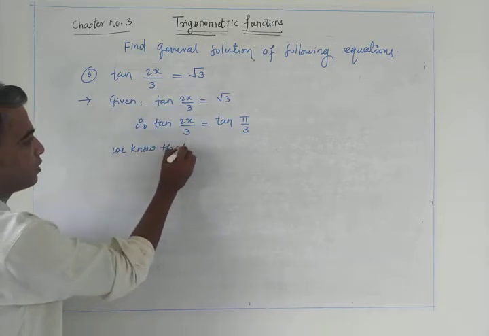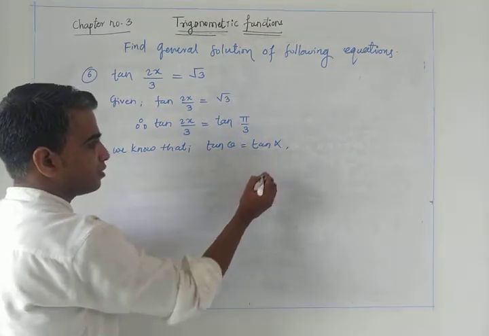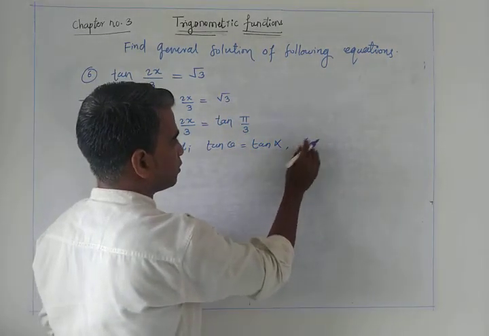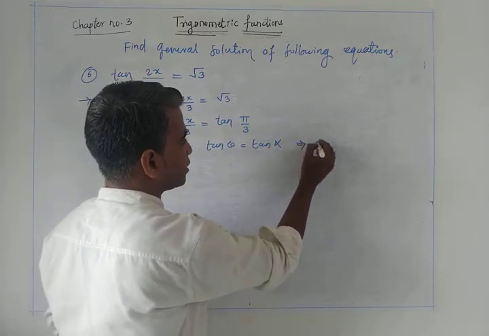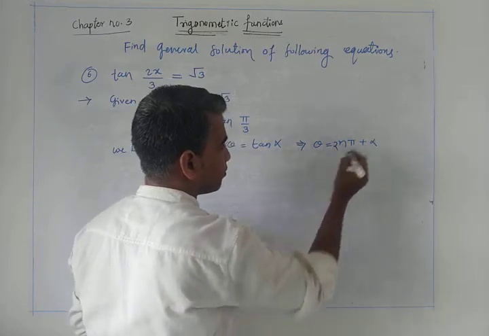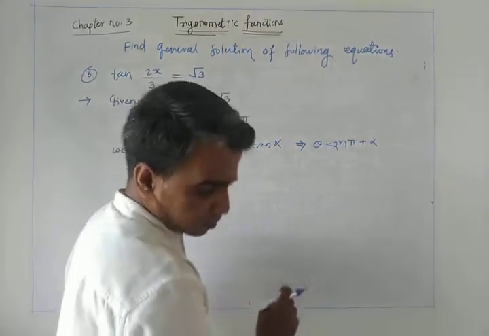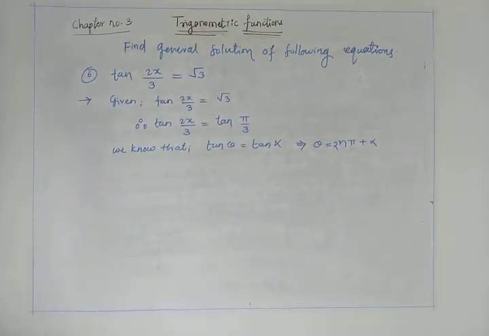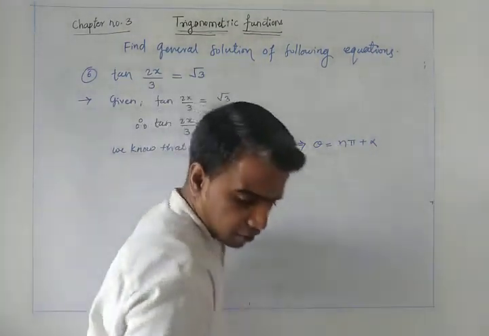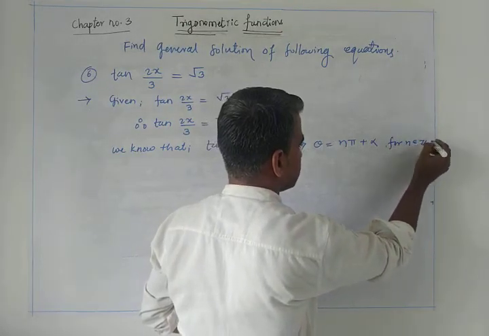So we know that tan theta is equal to tan alpha implies theta is equal to n pi plus alpha, not 2n pi, n pi plus alpha, for n belongs to Z.